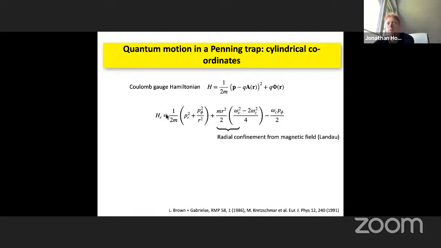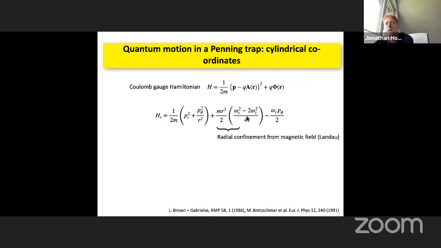In the radial motion, and here I just restrict to the radial motion, it's kind of clear now where this frequency component, this delta, is coming from, right? So what's happened in the expansion of this Hamiltonian, at least in the Coulomb gauge, is that there's this additional term coming from the magnetic field, which is quadratic in this radial coordinate, but now has a confining form. It's a plus r squared type term, and it's proportional to the cyclotron frequency squared, right?